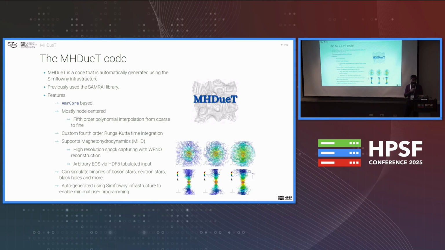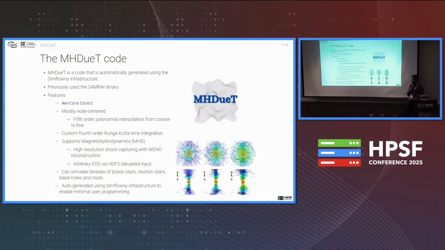They have their own Runge-Kutta time integration that they developed to ensure the accuracy that they want. They do magnetohydrodynamics, including high-resolution shock capturing with WENO reconstruction, which I don't know very much about. And they use HDF5 tabulated input for an arbitrary equation of state.